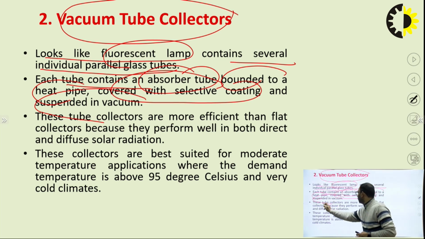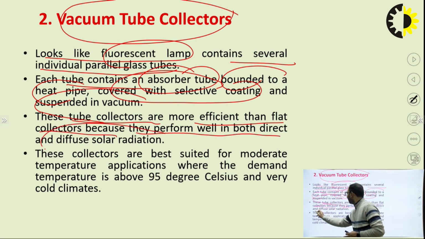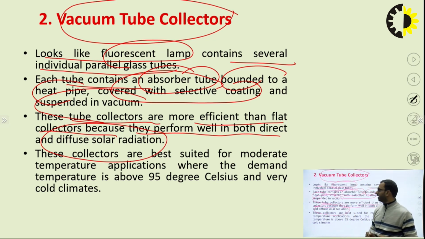Now, these tube collectors are more efficient than the flat plate collectors because they perform well in both direct and diffuse solar radiation. So, we can say that vacuum tube collectors are more efficient than flat plate collectors.